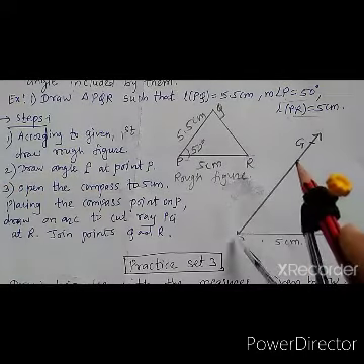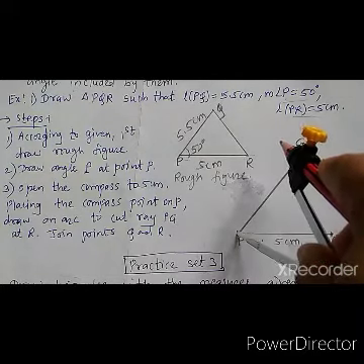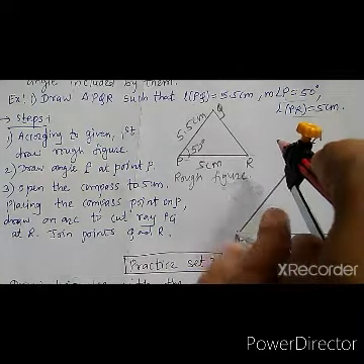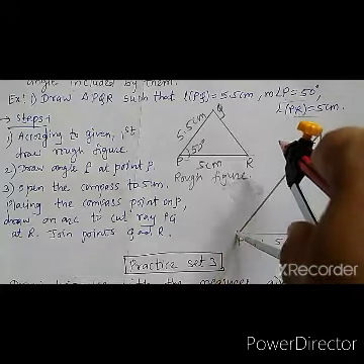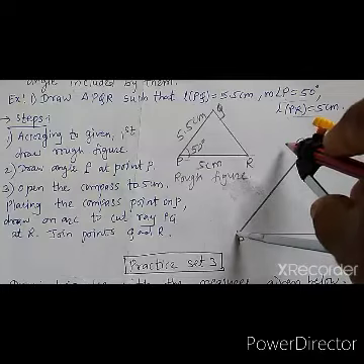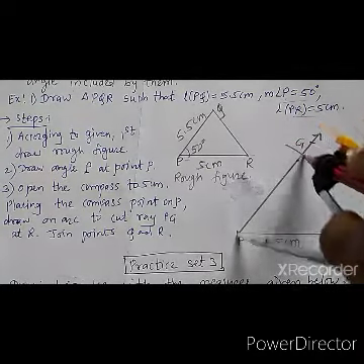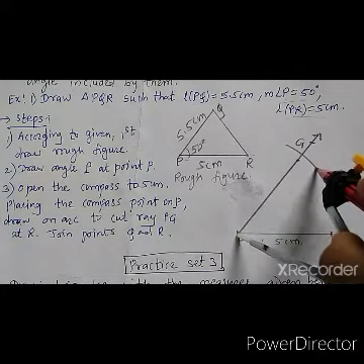Now open the compass to 5.5 centimeter and placing the compass point on P, draw an arc to cut ray PG at R.